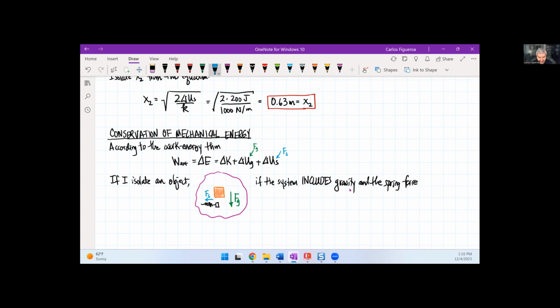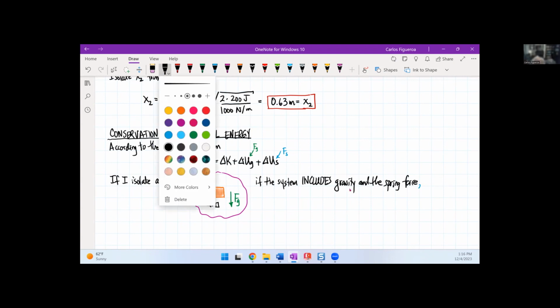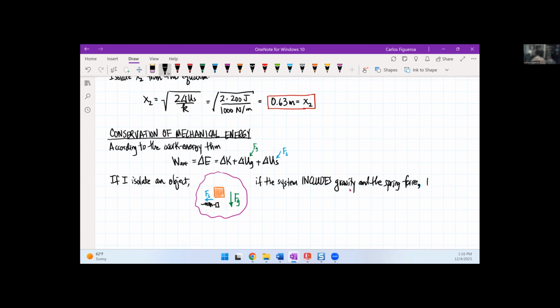So we need more mathematics to actually explain the details of this. But if the system includes gravity and the spring force, these forces do not change the total mechanical energy.